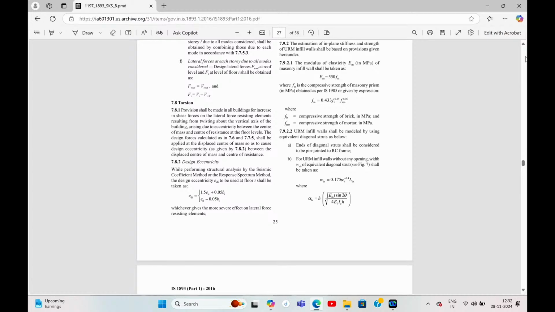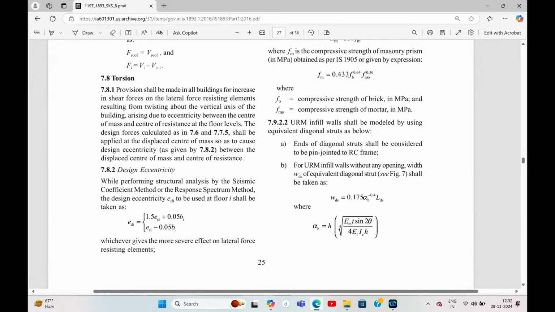Now here it is 7.8. Torsion: provision shall be made in all buildings for increase in shear forces on lateral force resisting elements resulting from twisting about the vertical axis of the building arising due to eccentricity between the center of mass and center of resistance at the floor levels.